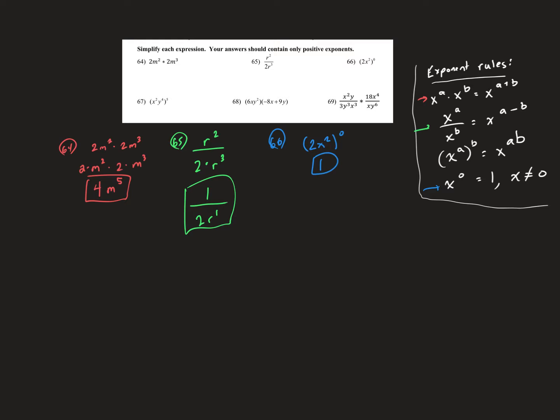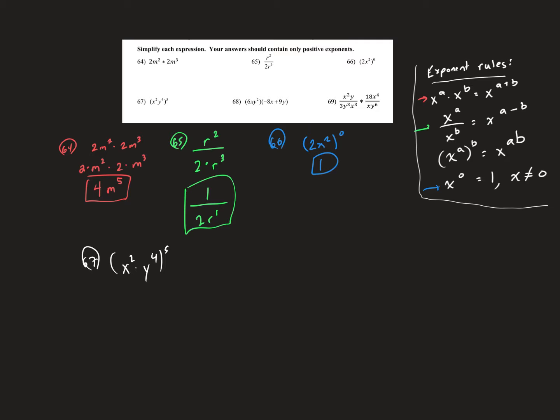Number 67, x squared y to the 4th, all to the 5th. Now, when you raise a product to a power, like we're doing here, you can basically separate those things and raise them to powers. You cannot do that if it was adding or subtracting on the inside, and we'll talk more about that a little bit later in the year. And actually, there's a problem like that in the summer work where you can't just separate them and raise them to powers.